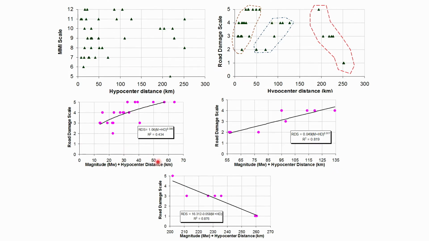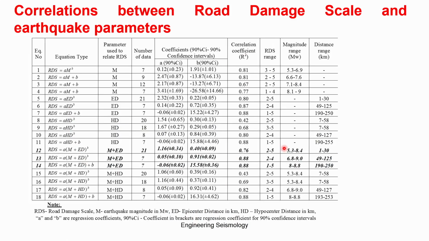With the RDS and magnitude combined with hypocentral distance, you can see a unique trend can be obtained. So if you know the magnitude and hypocentral distance, you can predict what road damage can be expected at a particular location if there is a road. This is the unique trend we found, and it was actually the first finding.